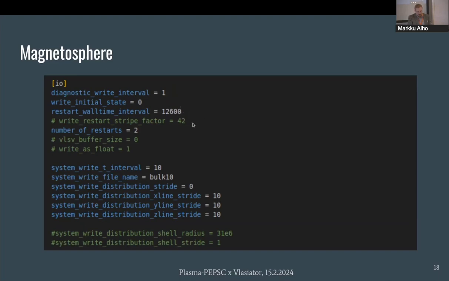Restart wall time interval in seconds: we print out 2 restarts per run and then we exit. And a 10-second cadence for reduced data writing, and some stride to store some velocity distribution functions for each of these files.